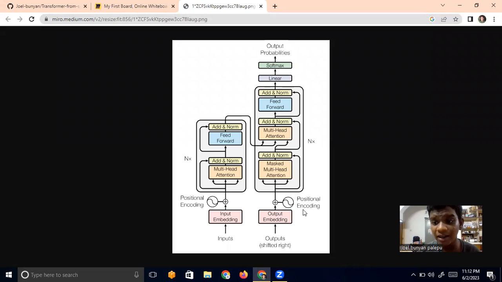As there is no word yet, if the model just finished the part of the encoder, we would input the model with the start token. Start token is nothing but it specifies that a sentence can be started. So the start token will be given to the model, and the model will do all of this process and generate an output.